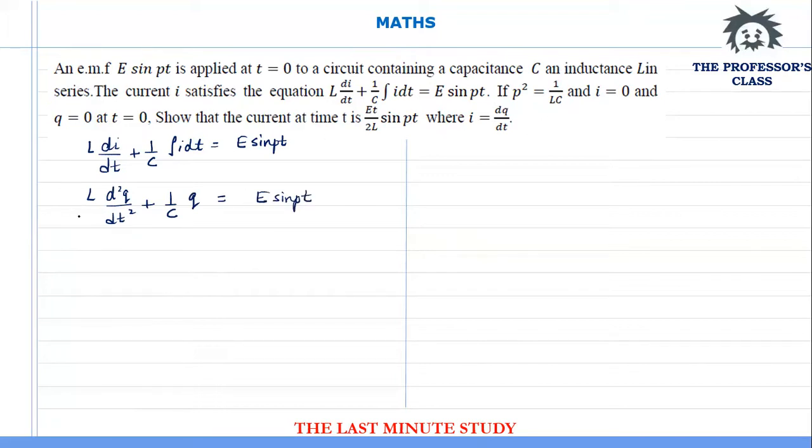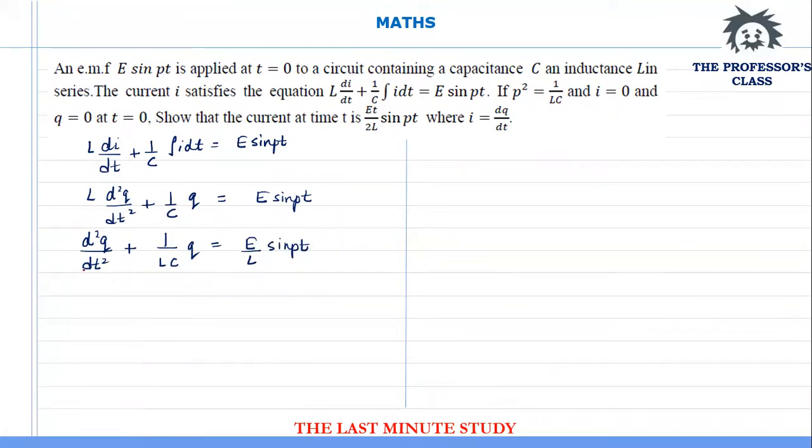Right. Now, in a similar way to what we did in the last question, I'll divide the entire equation on both sides by L. So I'll get d square q by dt square plus 1 by LC q is equal to E by L sin pt. Now this is a non-homogeneous equation, with a term on the right side of the equation also. So I'll be solving it in two parts.